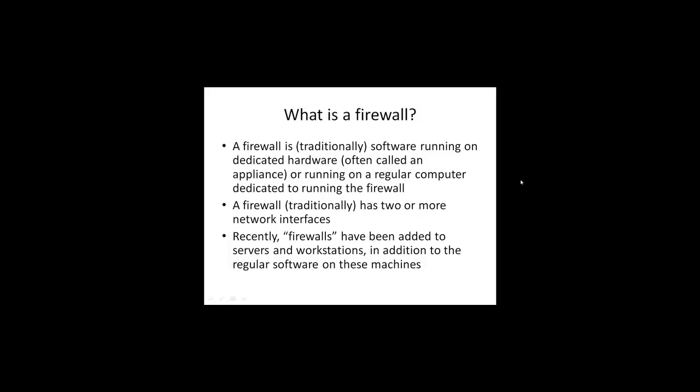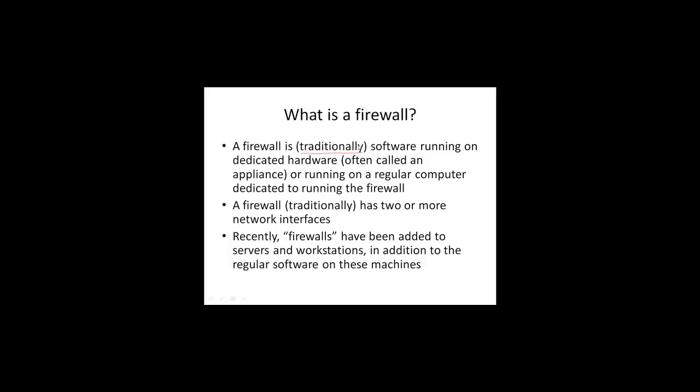So I was reminded that there's more to this whole concept of a firewall than what I was thinking at the time. So I'm going to qualify my definitions here with the word traditionally. A firewall is traditionally software running on dedicated hardware, and if you have this situation, this is often called an appliance.